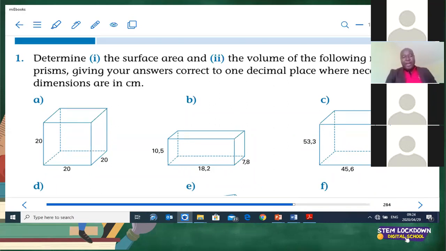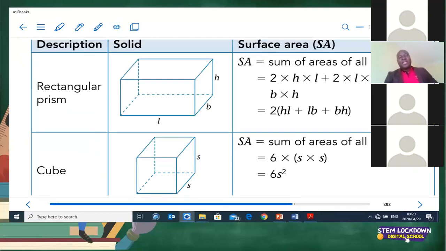As you know by now, the formula to calculate the surface area of a rectangular prism is given by 2 open brackets, then you've got the areas of each and every face, or one of the faces.